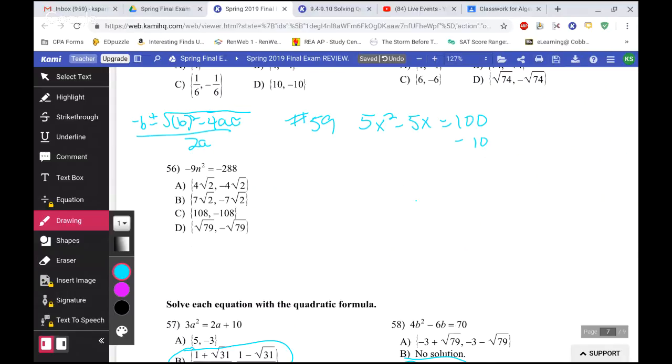I'm going to subtract 100 from both sides to get it in standard form, because that's the very first step. Everything needs to be on the same side and set equal to 0. So now I'm going to identify A, B, and C.